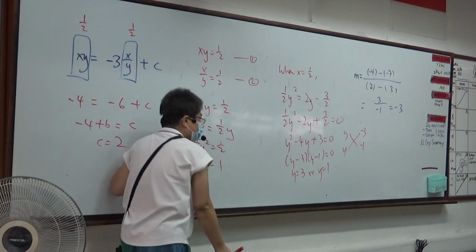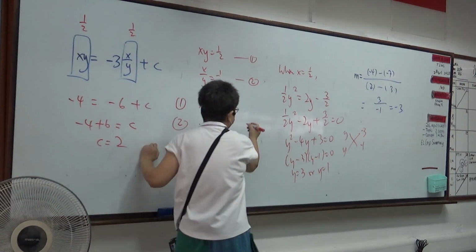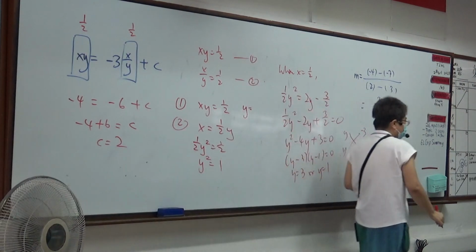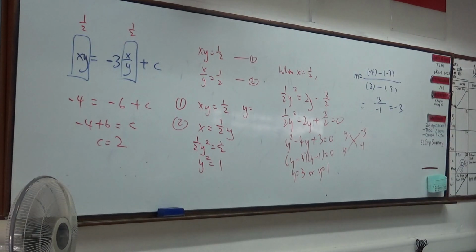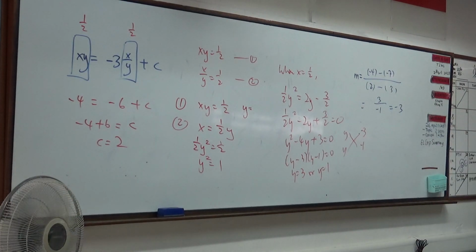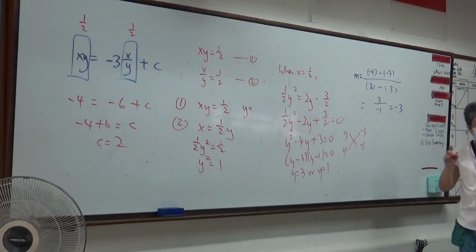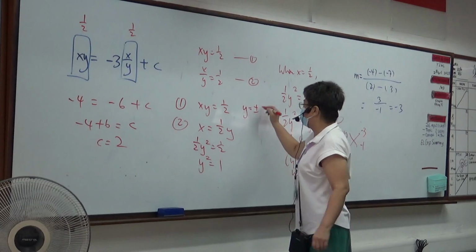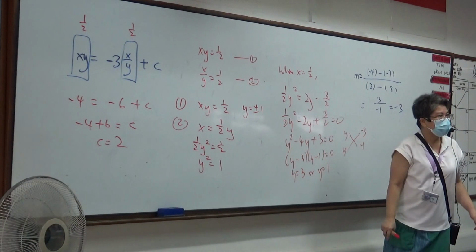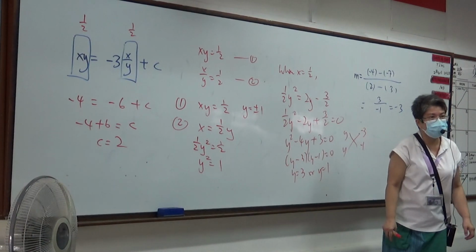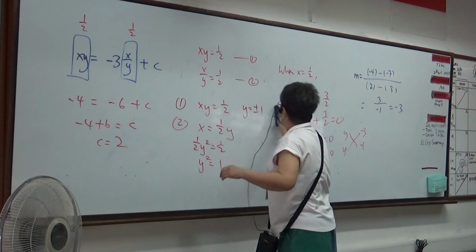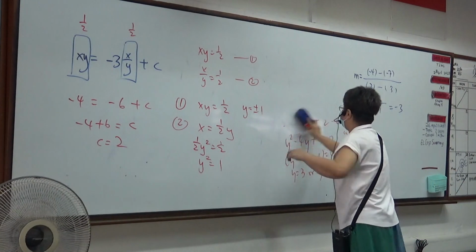Y squared is equal to 1. So what's my Y? Y is what? 1 or minus 1. This is plus minus 1, correct? Yes or no? Okay, so let us try again here.